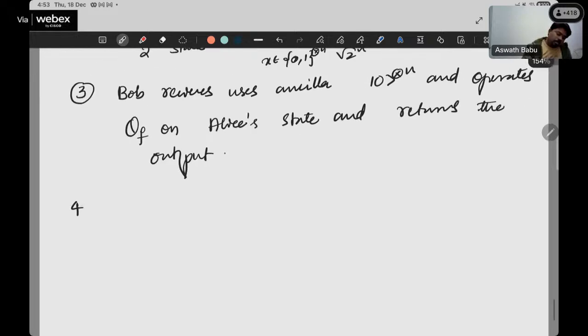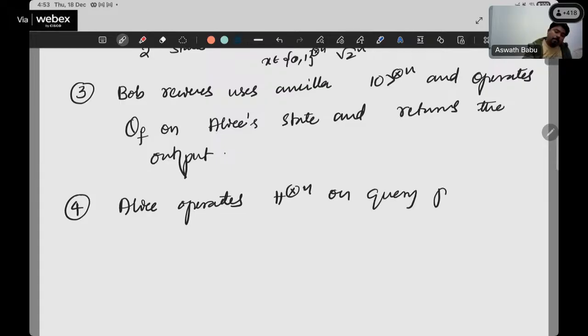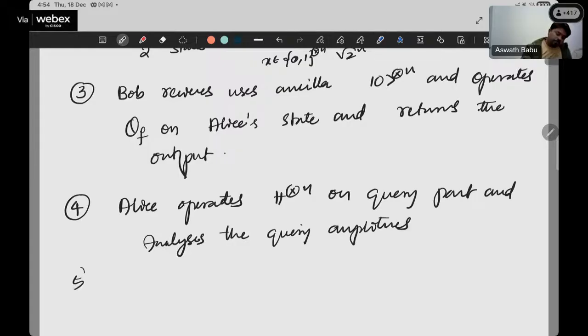Now Alice acts n Hadamards on the query part and analyzes the query amplitudes.